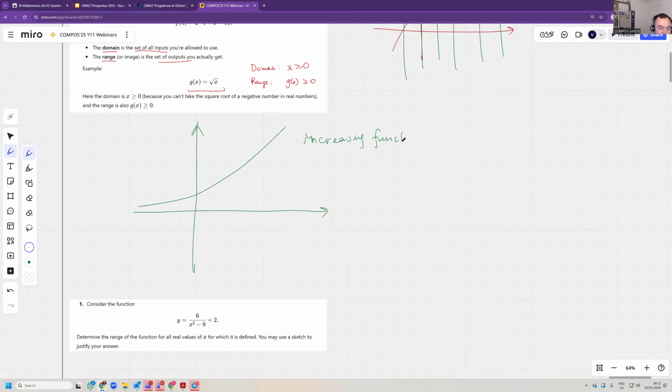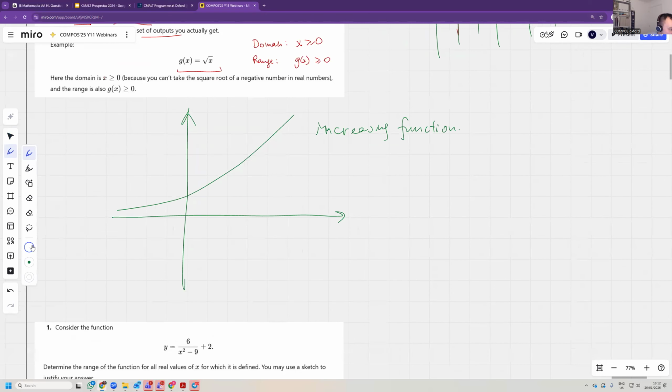The graph slopes upwards in a way. So if this is x, this is y, you're going uphill. So if you think about an increasing function, what does it mean? Well, if you go from left to right, it goes up.